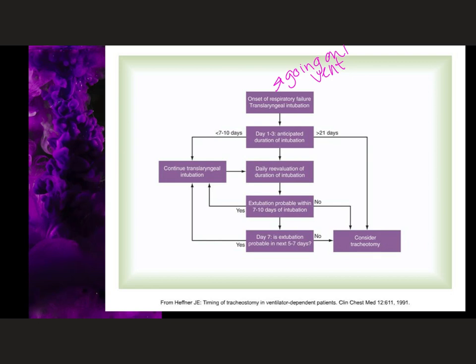Or are they a really bad asthmatic and we just couldn't avoid putting them on the vent, and this is not very good and we can't get them off the vent? Or are they an older patient who has lots of comorbidities? Maybe they became septic and they're really sick in the ICU. So we are going to look between day 1 and day 3 at how long we think they're going to be intubated.